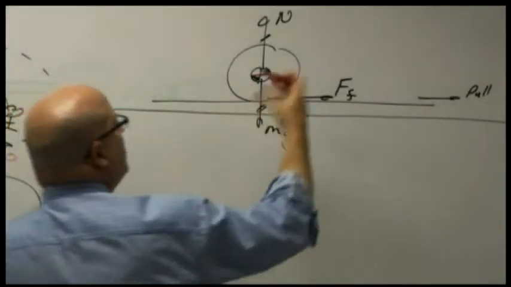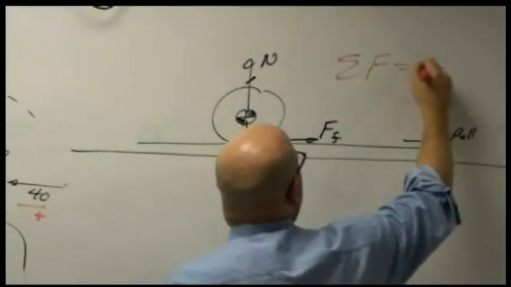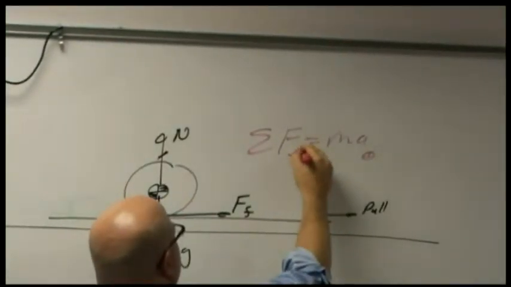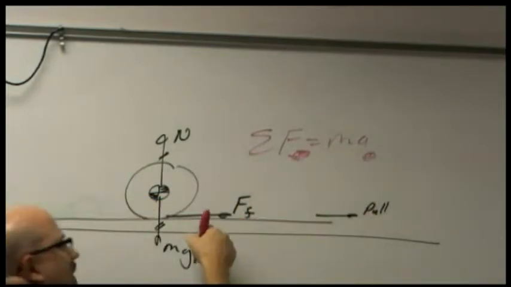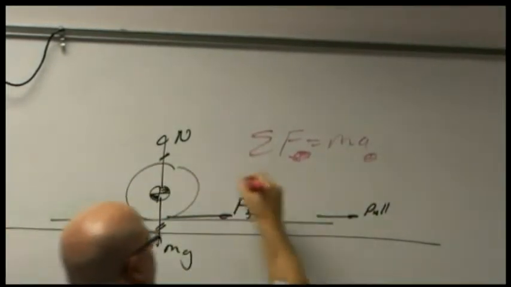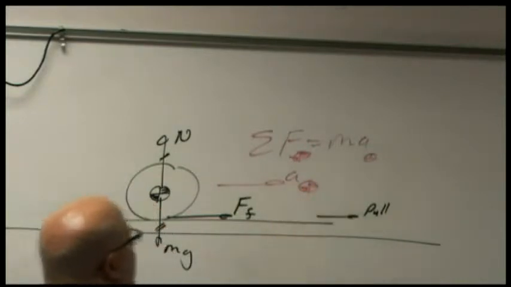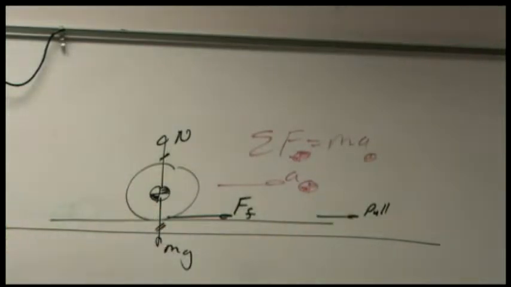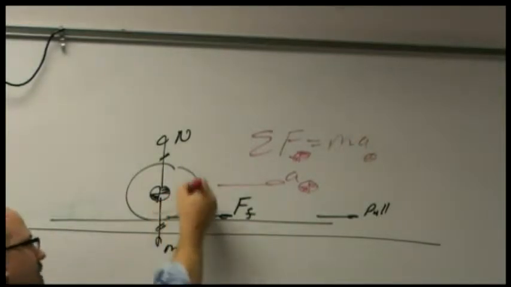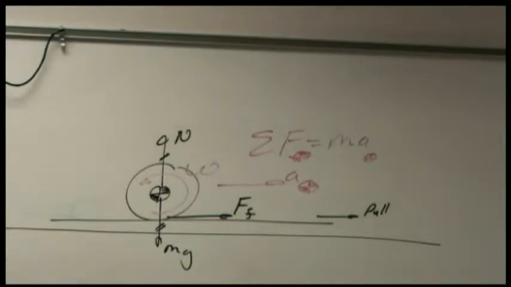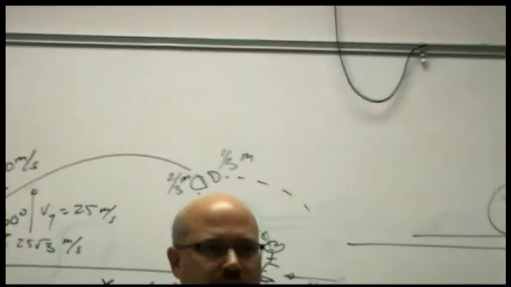From F equals ma, because we're interested only in the center of mass, the net force on the center of mass is that way, so it will accelerate that way. The center of mass will accelerate to the right. However, torque on the object is going to cause the object to rotate this way. So it's going to roll this way, but move that way.